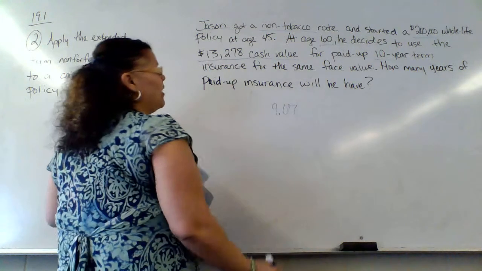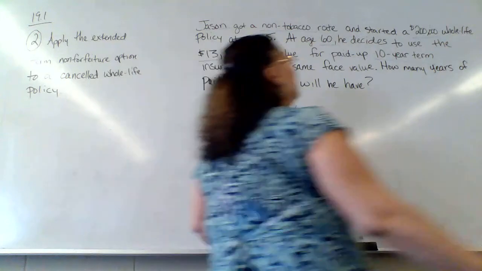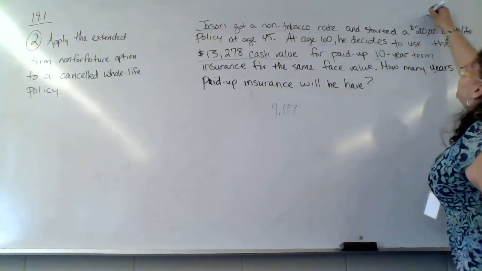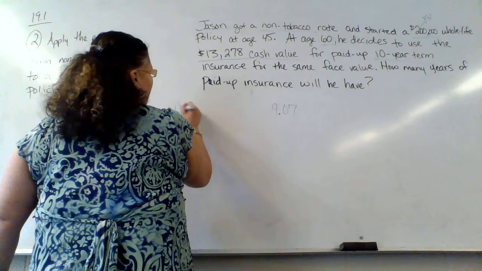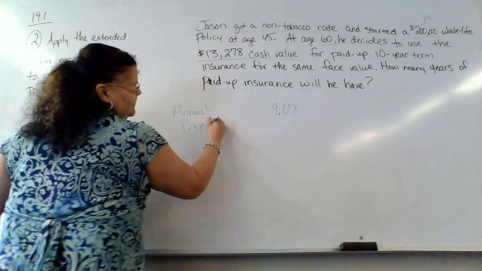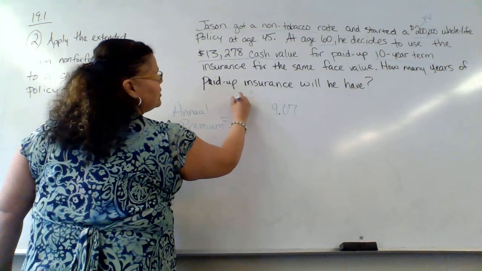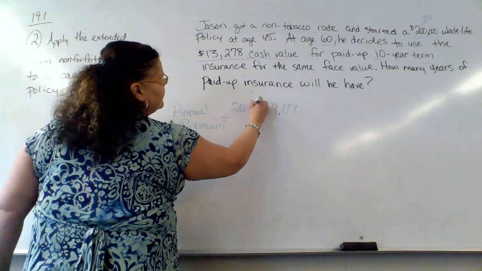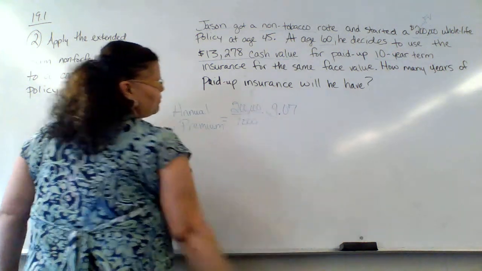9.07. Now, we need the face value of the policy. So this is your face value. So to find the annual premium, we're going to take the face value, which is 200,000, divide that by 1,000, and then multiply it by the rate.